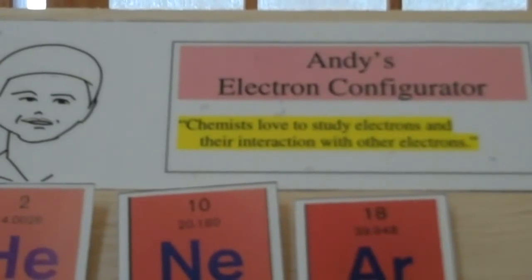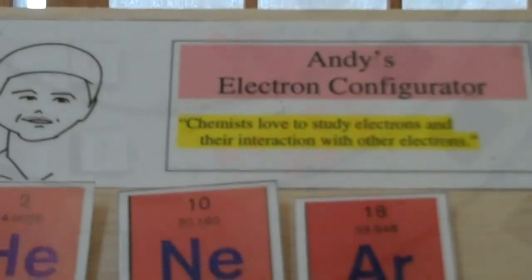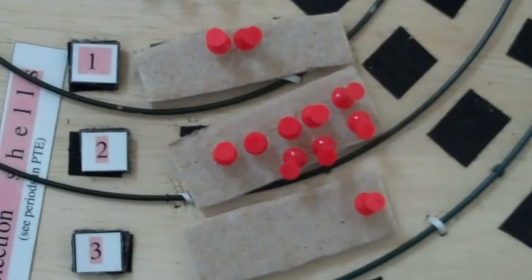We show now the electron configuration of sodium on Andy's electron configurator. We add the 11 electrons for sodium into the 3 shells of the sodium atom.